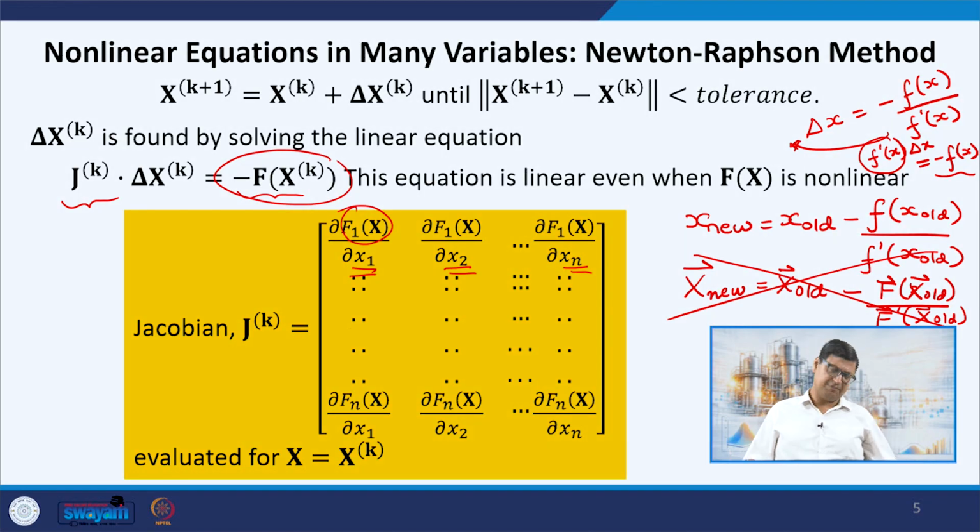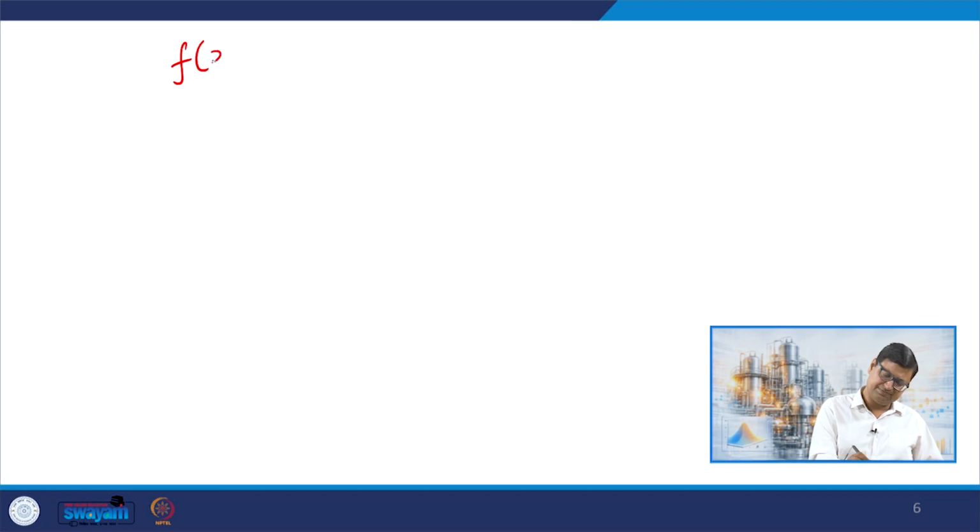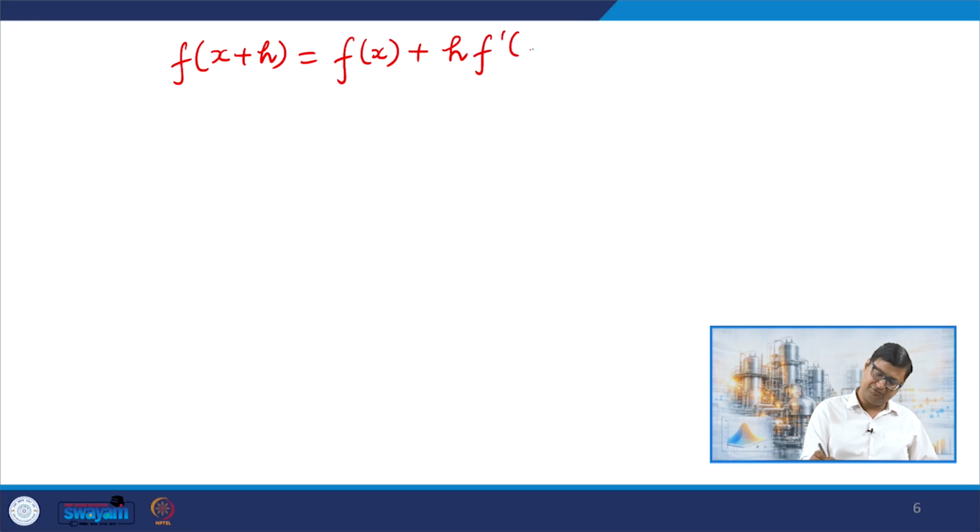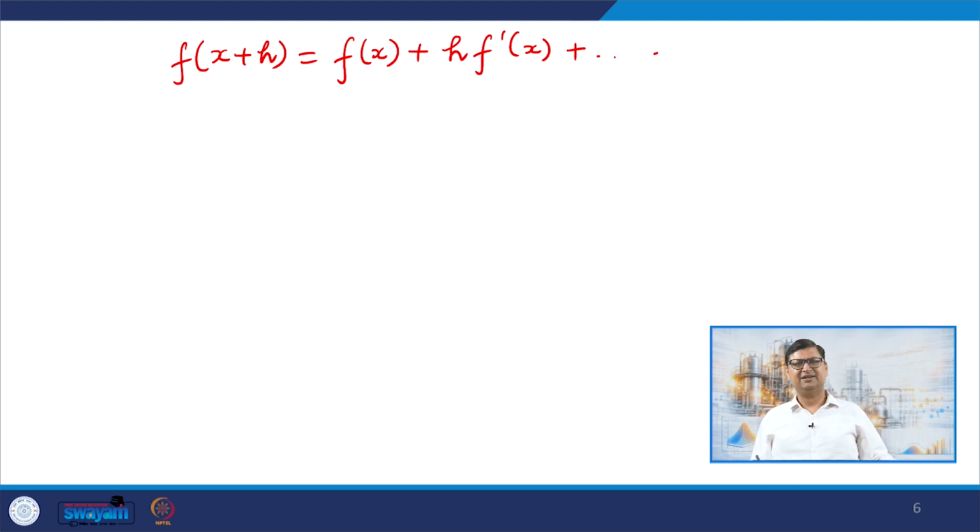Why are we doing this, right? So, this again comes from the Taylor series. So, just like the Taylor series for a single variable function looks like this, if I have to extend it to multiple variables, then in that case I have to redefine it in a certain way, right.